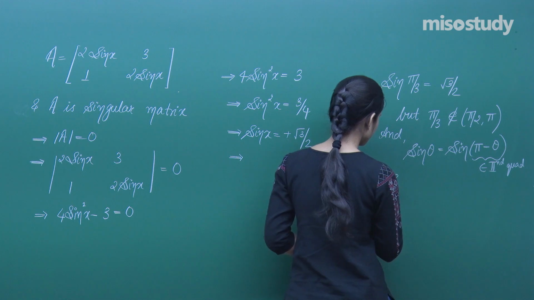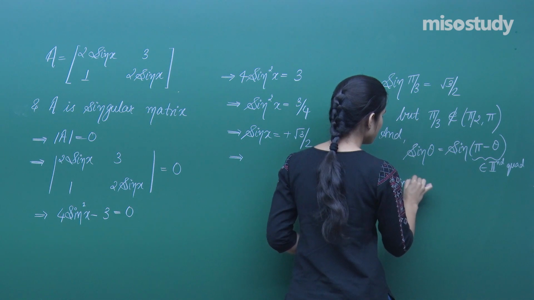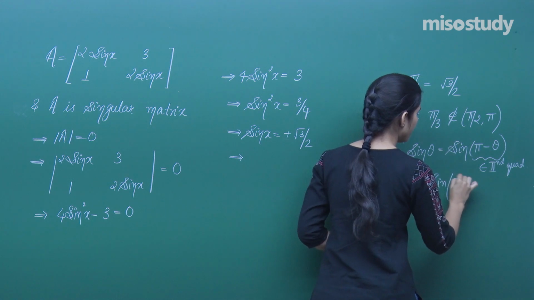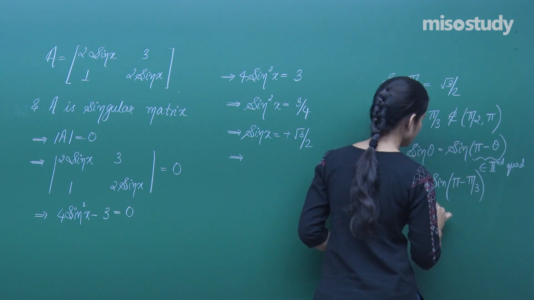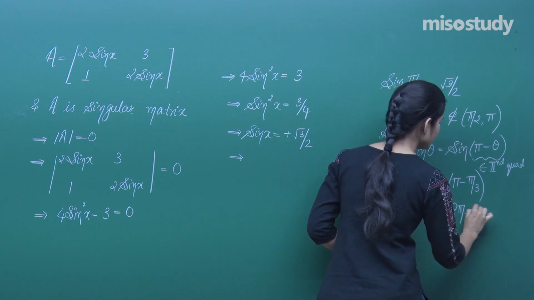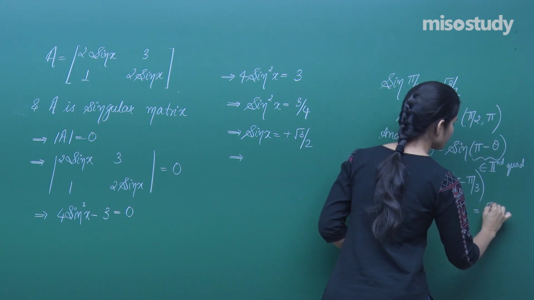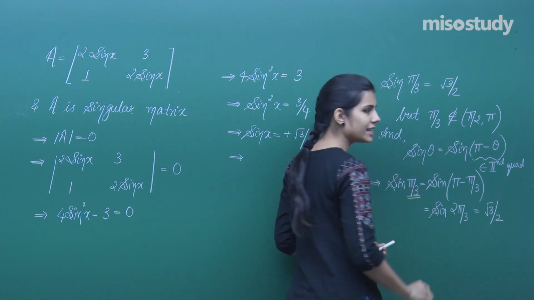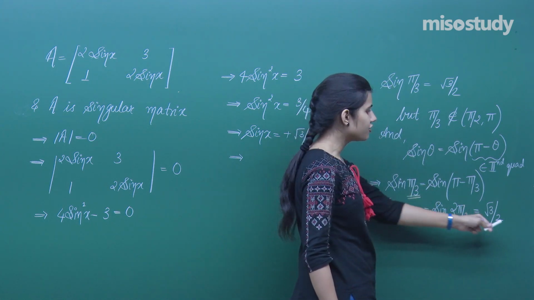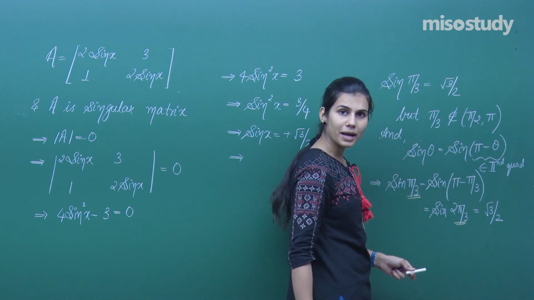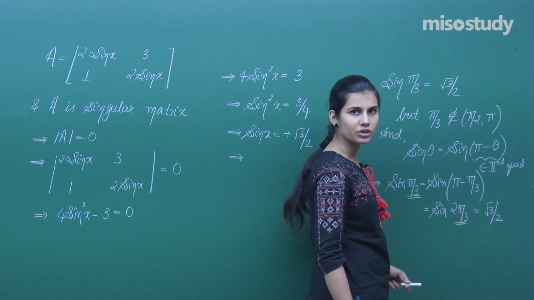That means sine pi by 3 is the same as sine of pi minus pi by 3, which is sine of 2 pi by 3, which is root 3 by 2. So in the first quadrant, the angle is pi by 3 at which the sine ratio is root 3 by 2. In the second quadrant, the angle that you want is 2 pi by 3 at which the sine ratio is root 3 by 2.